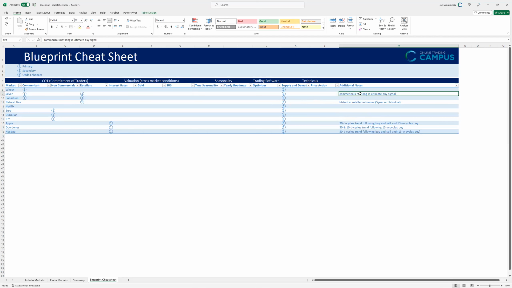If you see the commercials net long as the ultimate buy signal, and for example, for the Nasdaq as a primary setup tool, we just covered that quickly, but we're going to cover that in more detail as well for Apple or for Nasdaq. You know, the yearly roadmap. Oh my God, when I do this, I really have to check the yearly roadmap, right?